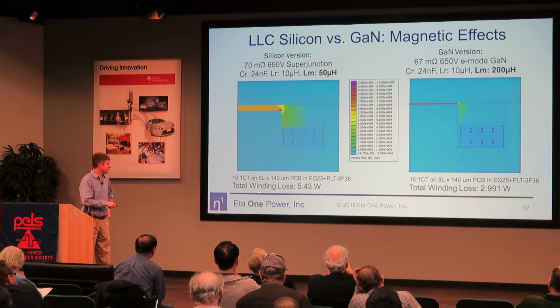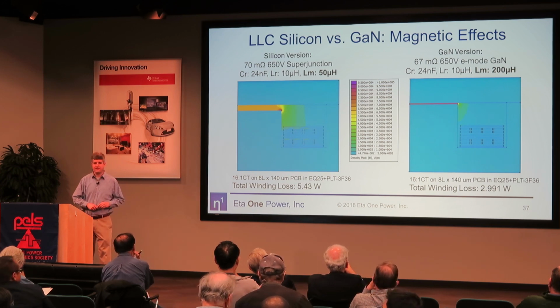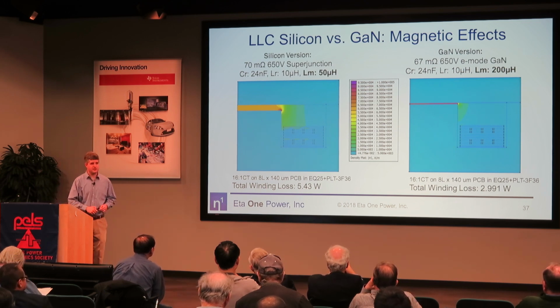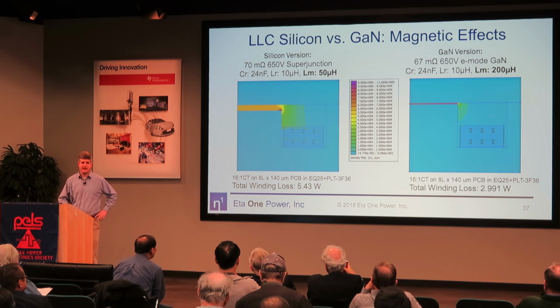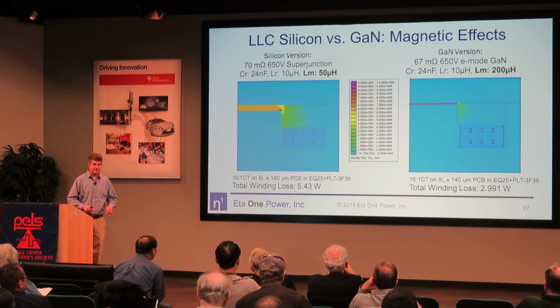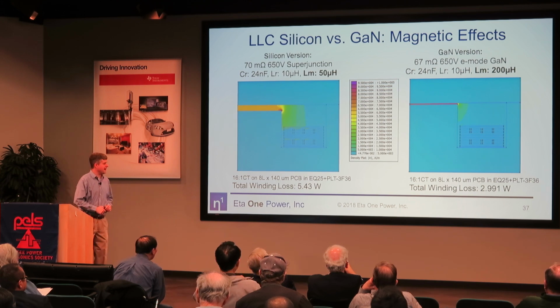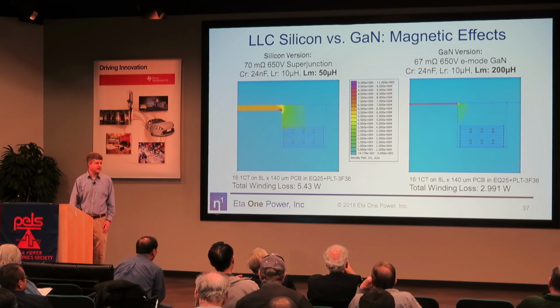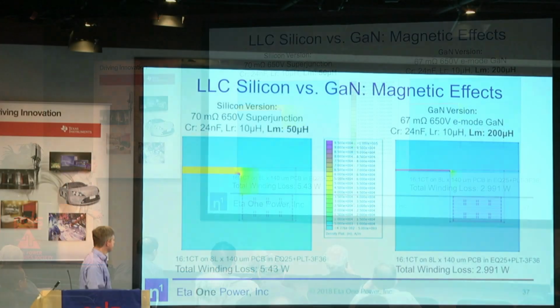And that means we have way less loss. So we have about 2.5 watts less loss in the GaN version than in the silicon version. And in a 500 watt converter, that's 0.5%. When you're shooting for 98%, it's a lot, but every 0.5% is a huge difference. It's the difference between 97.5 and 98. So that's a big difference there.